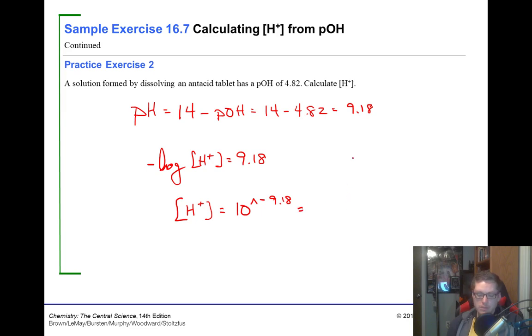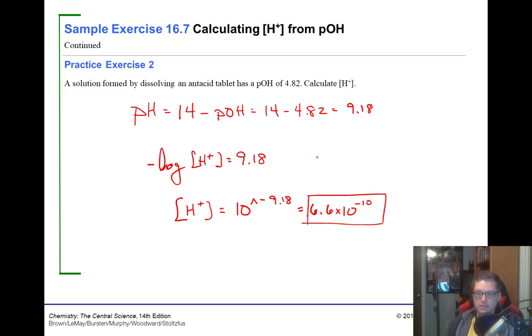So to get the concentration, we say 10 to the negative 9.18. So we get 6. How many sig figs? This guy has 2 sig figs, so it'd just be 6.6 times 10 to the minus 10th.